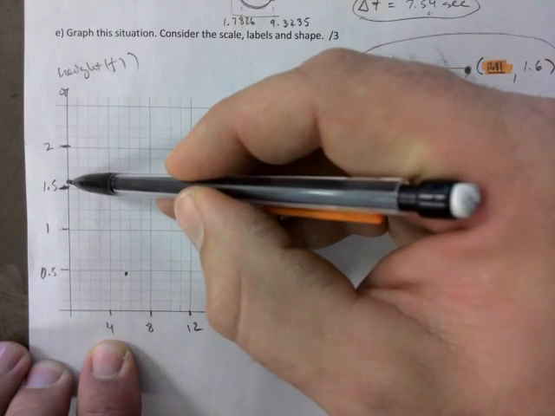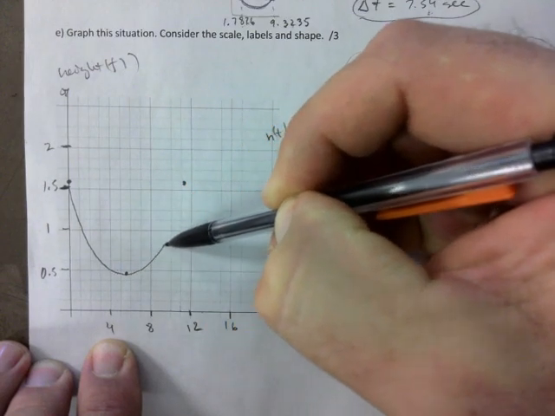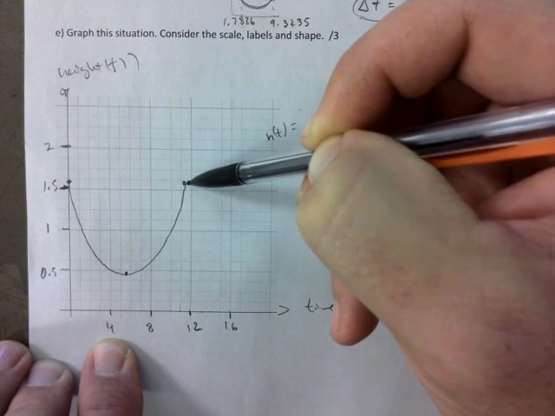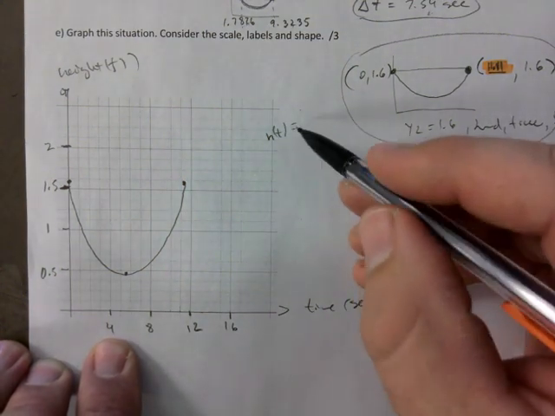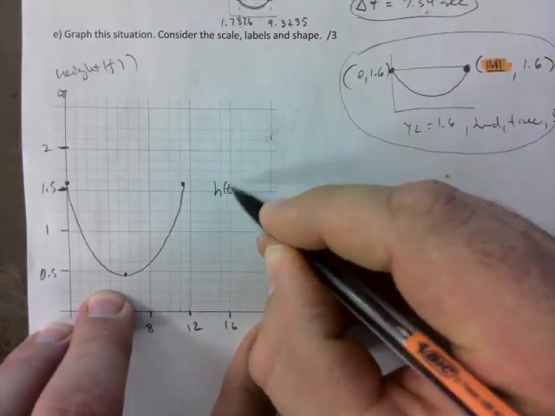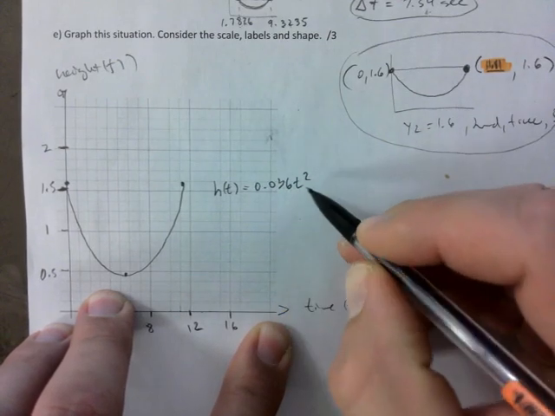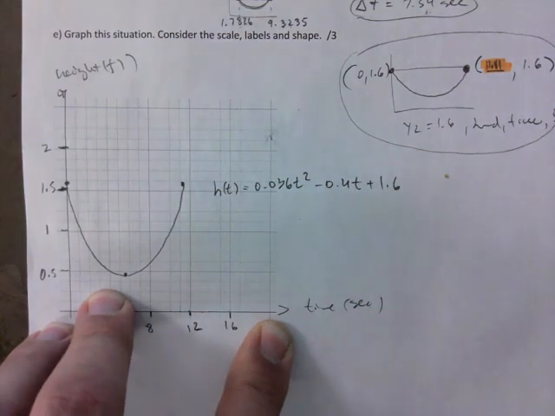So your parabola should look like this. Do I stop there or do I continue? I stop. So that's it. And don't forget your equation. So I will erase that because that was just there to help me remember, and write it in here somewhere. 0.036 t squared minus 0.4 t plus 1.6.